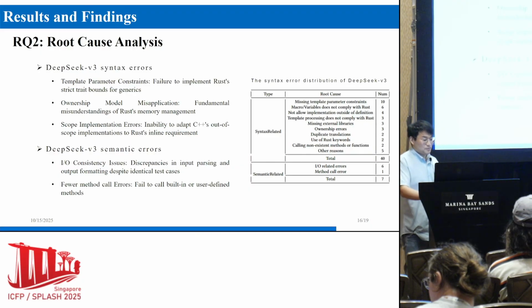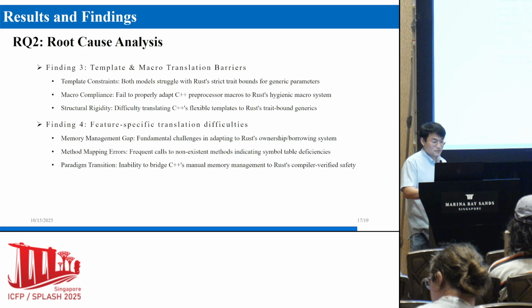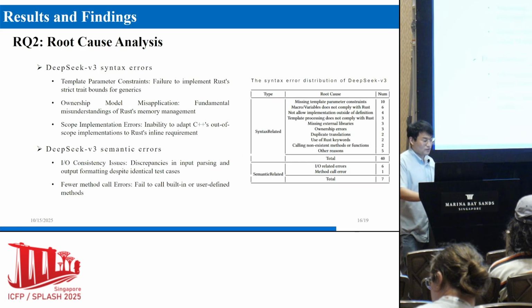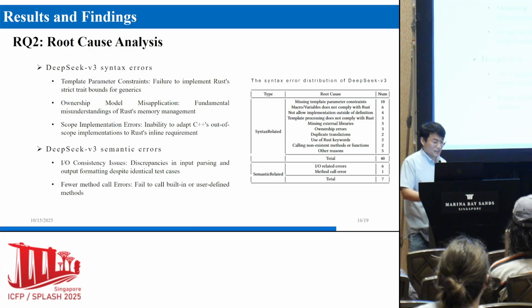The semantic errors of DeepSeek V3 are the same as GPT-4 Turbo. However, DeepSeek V3 has fewer method call errors, with only one.